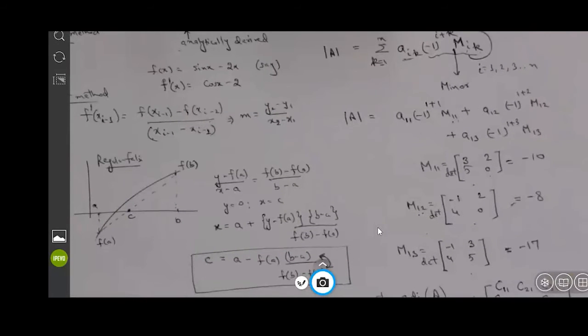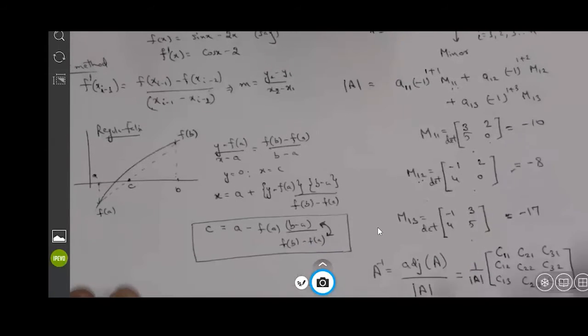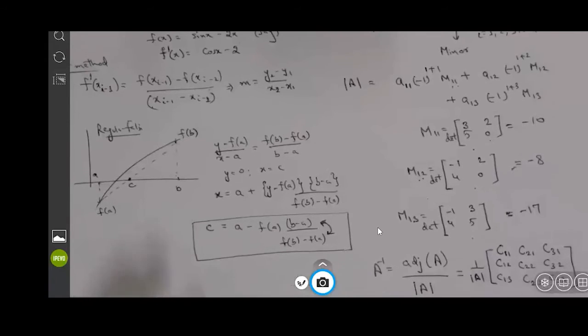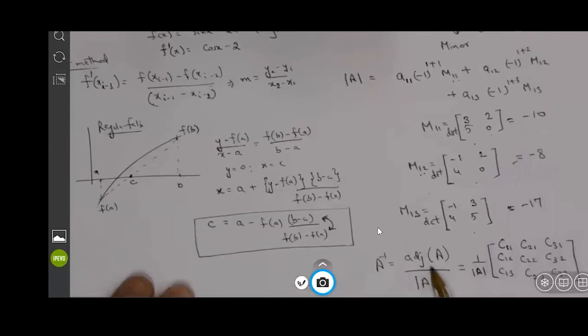Okay, are you guys with me? I'm just quickly refreshing what we have seen so far, how to calculate A inverse or the inverse of a matrix. Inverse of a matrix is found using the adjoint, and the adjoint is nothing but the cofactors arranged in this manner.